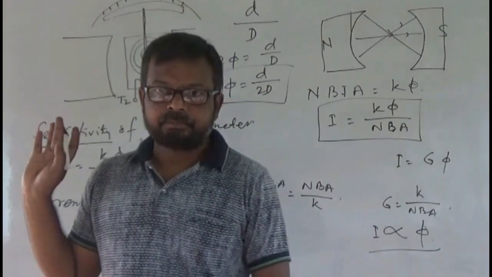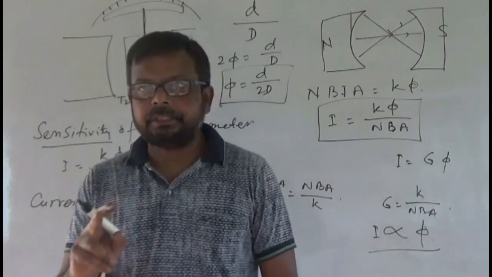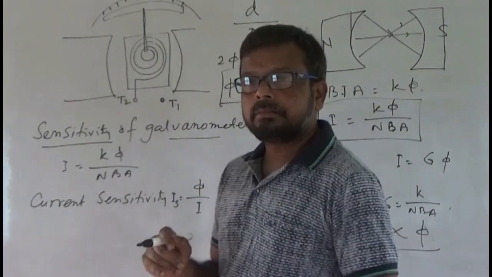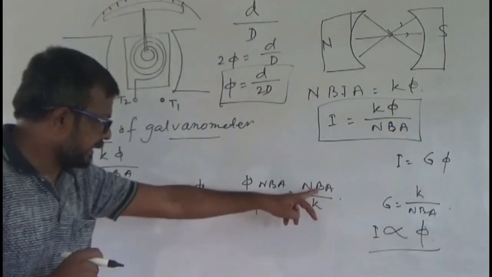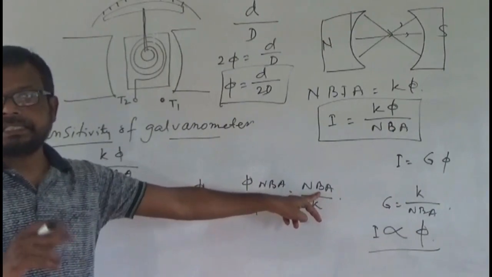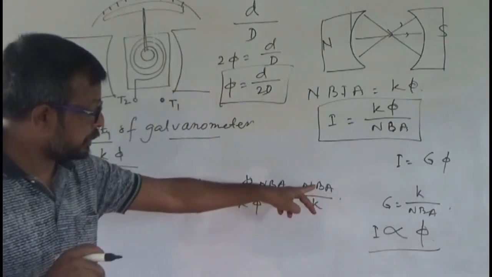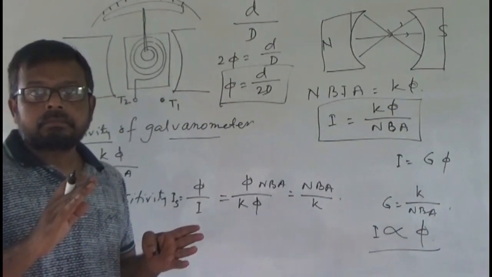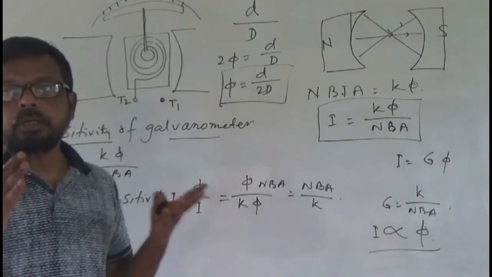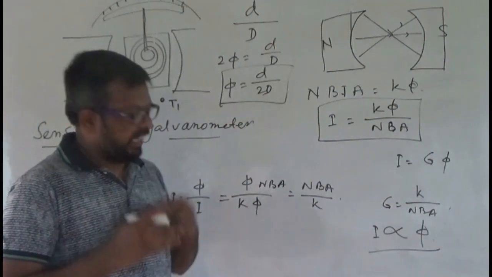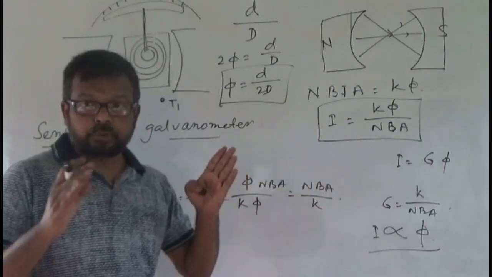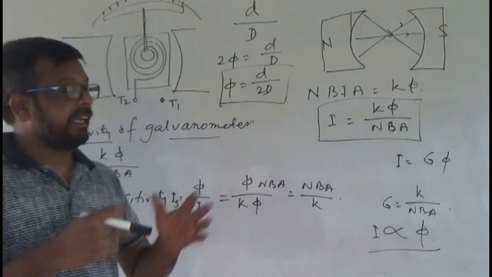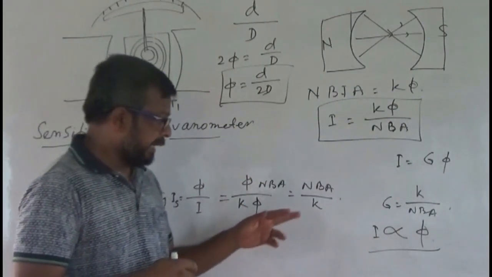And see here, the current sensitivity of the galvanometer can be increased by increasing the magnetic field, by using a strong permanent magnet of horseshoe shape. If the magnet is horseshoe shape, then its magnetic field is larger than any other permanent magnet.